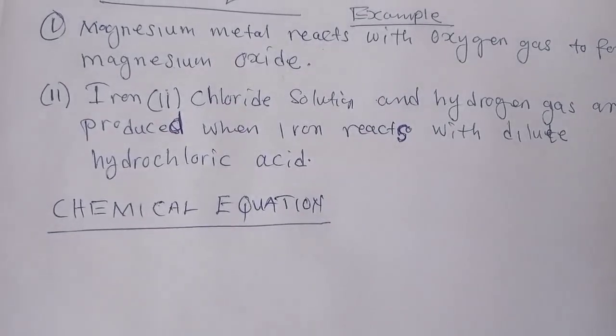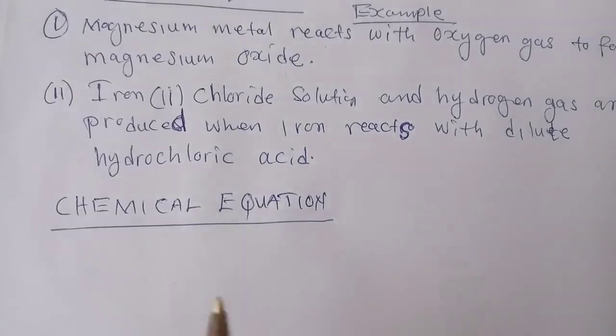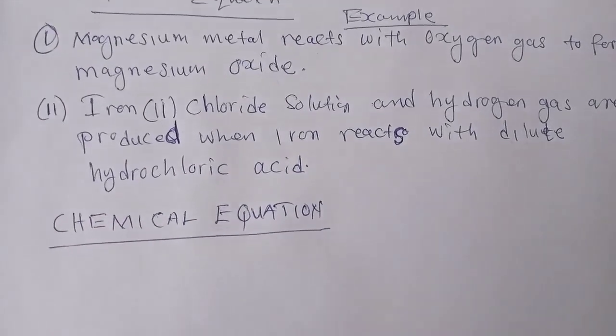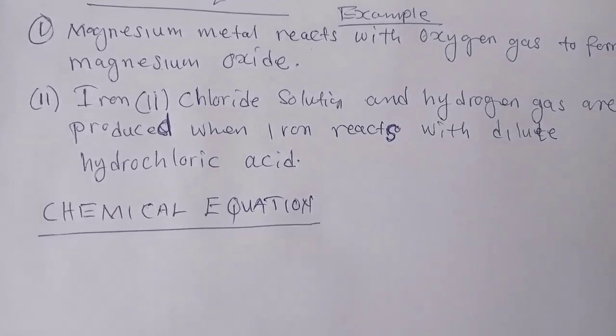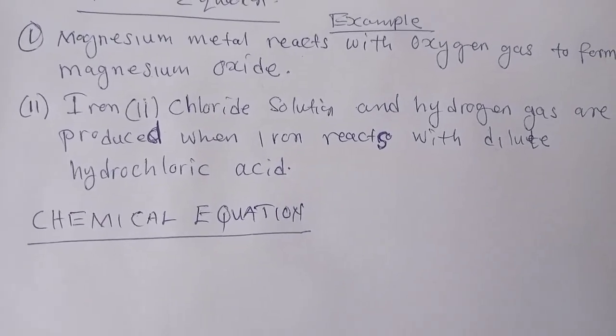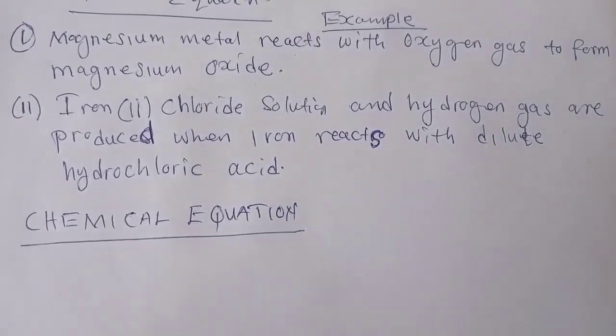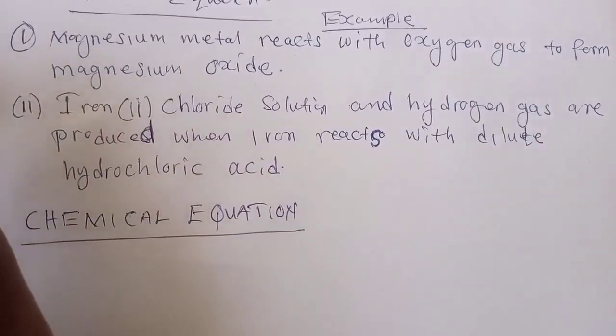This is where we are supposed to use what we call chemical formulas, what we looked at in the previous chemistry videos. So now you need to know their symbols.